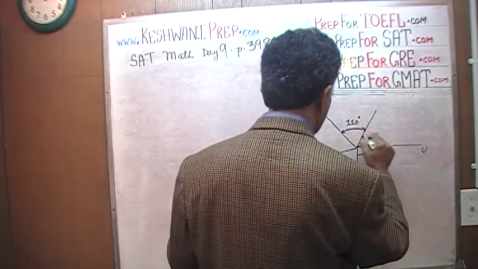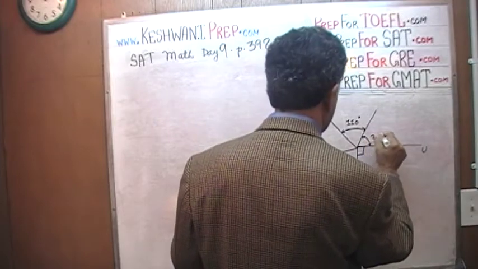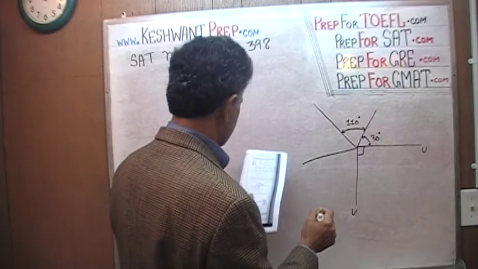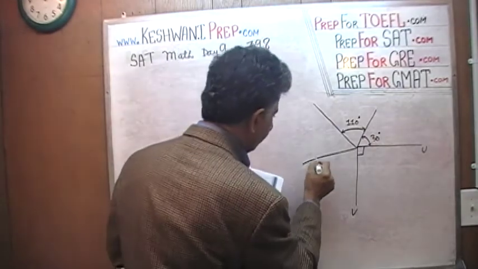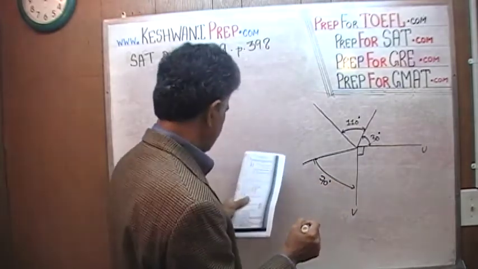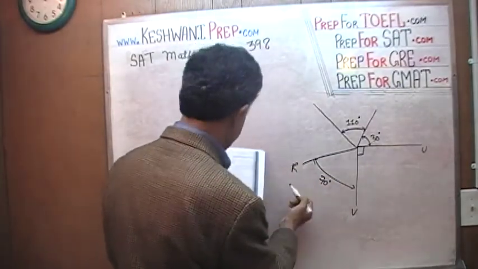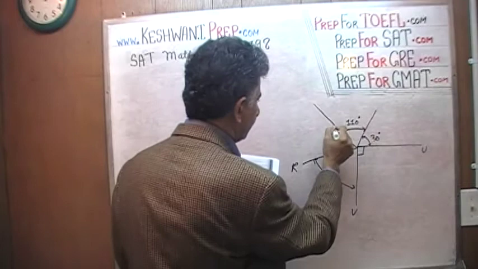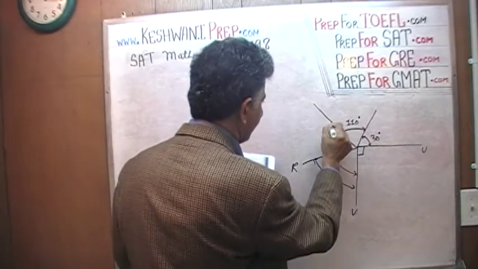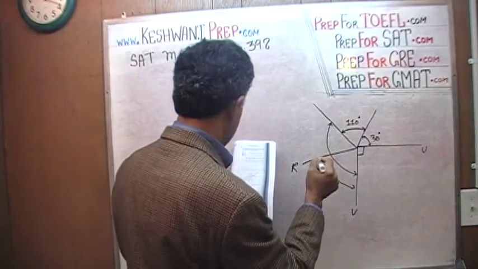This we are told is 30 degrees, and then this outer part here we are told is 70 degrees from R to V, and we are also told that this entire angle is X degrees.